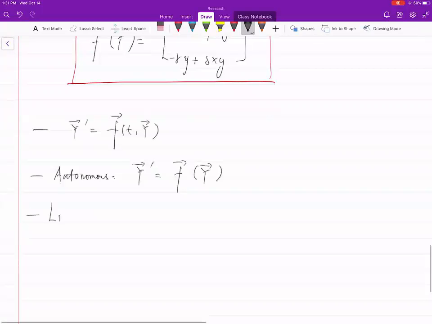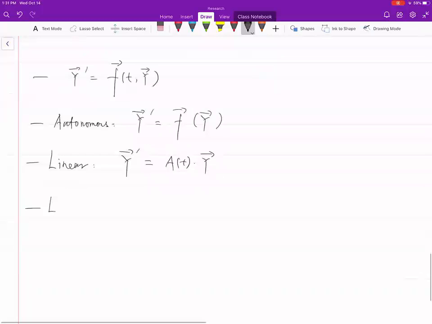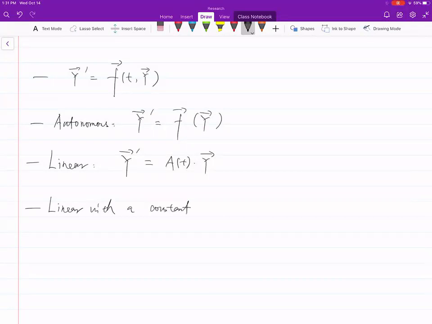Linear, because you already know it's a linear function, so you can write something like this. Finally, linear with a constant. We will call it coefficient.